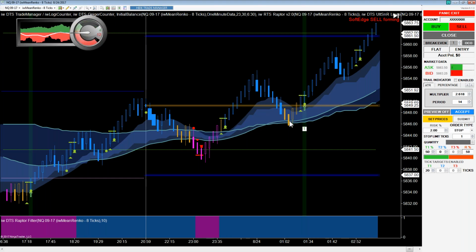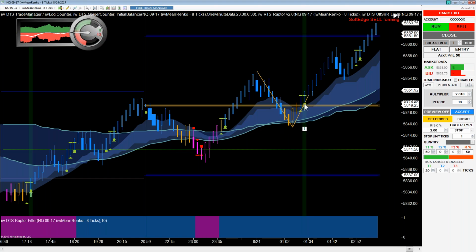The cloud crossover signal requires first the clouds to cross, but there is also a pullback component to it. So when the clouds cross, you're going to look for a pullback, and then the clouds are going to support the new direction.